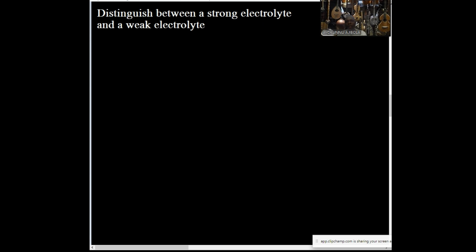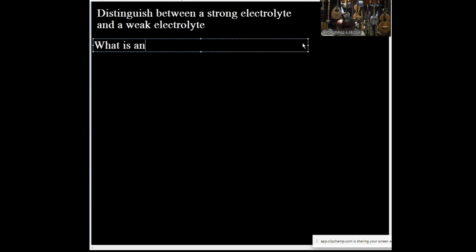Okay, we can say an electrolyte is a compound that dissociates into ions when dissolved in water. So that's the first thing we're looking at. What is an electrolyte?